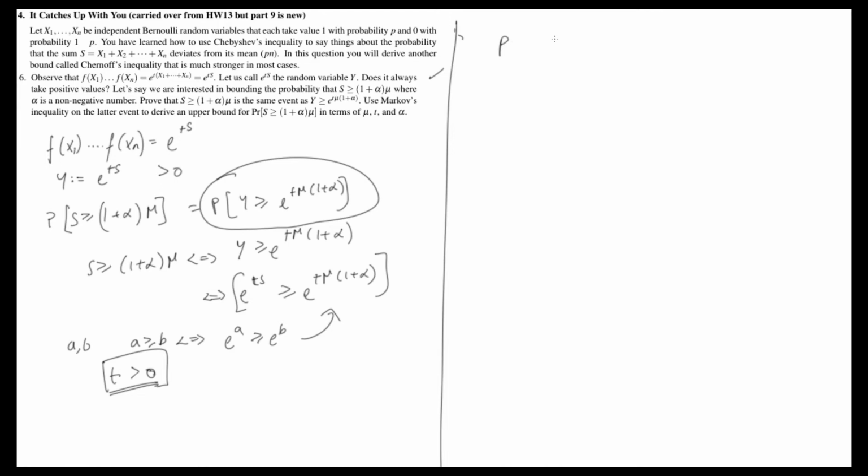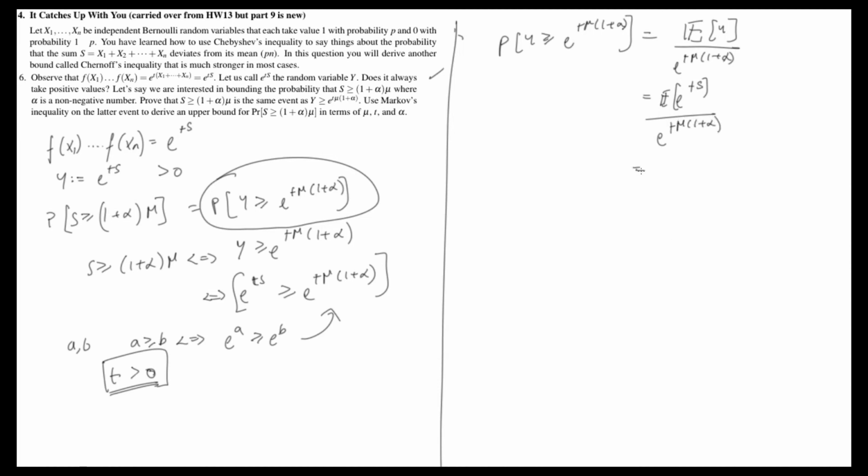So how do we use Markov's inequality there? The probability of y greater than or equal to e to the t mu times 1 plus alpha is at most the expectation of y divided by e to the t mu times 1 plus alpha. That's what Markov's inequality states, which is the expectation of e to the ts divided by e to the t mu times 1 plus alpha.